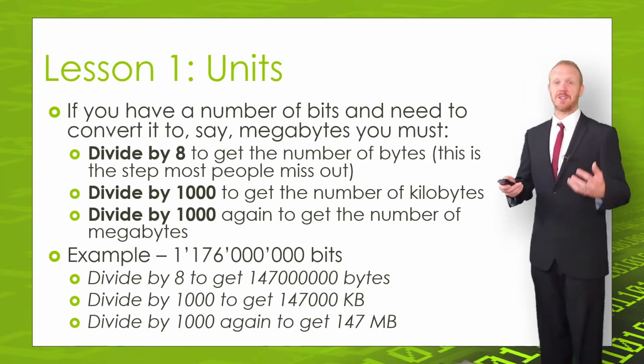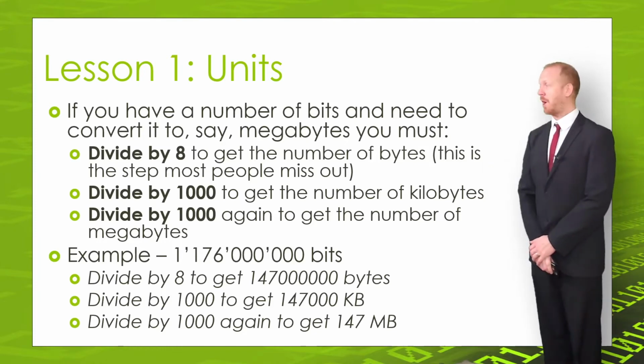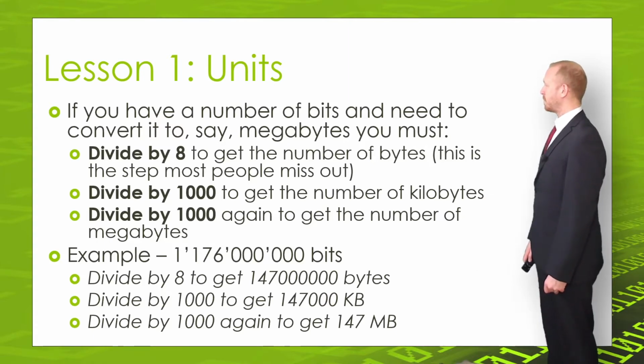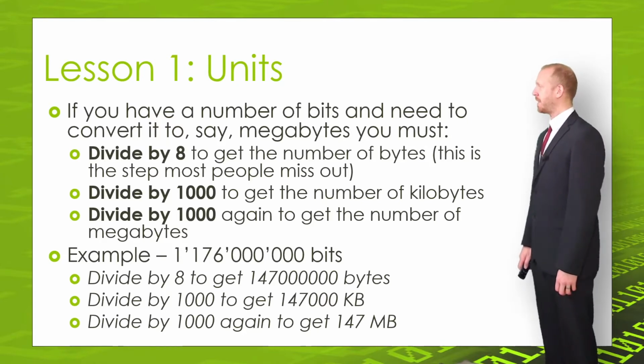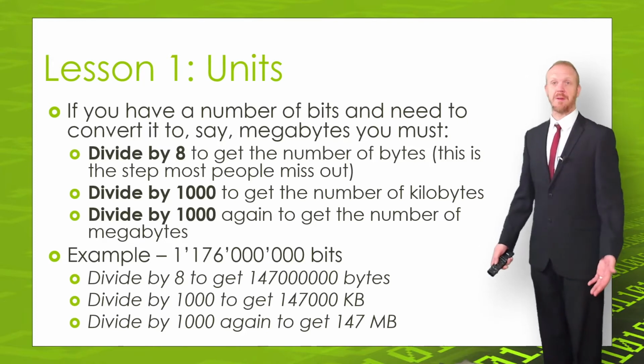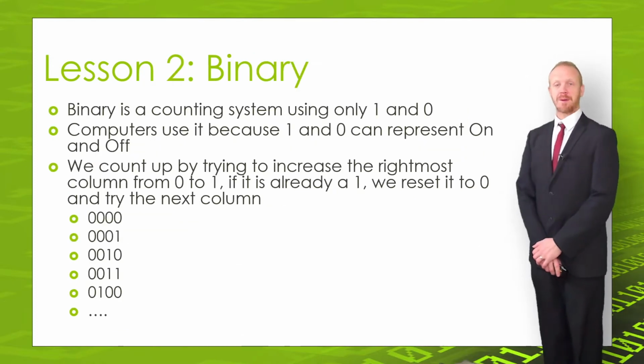So most of it is just dividing by thousands, but remember to divide by 8 first to get the number of bytes. So an example in this one, if you've got 1,176 million bits, you divide by 8 to get 147 million, divide by 1,000 to get 147,000, divide by 1,000 again, 147 megabytes.